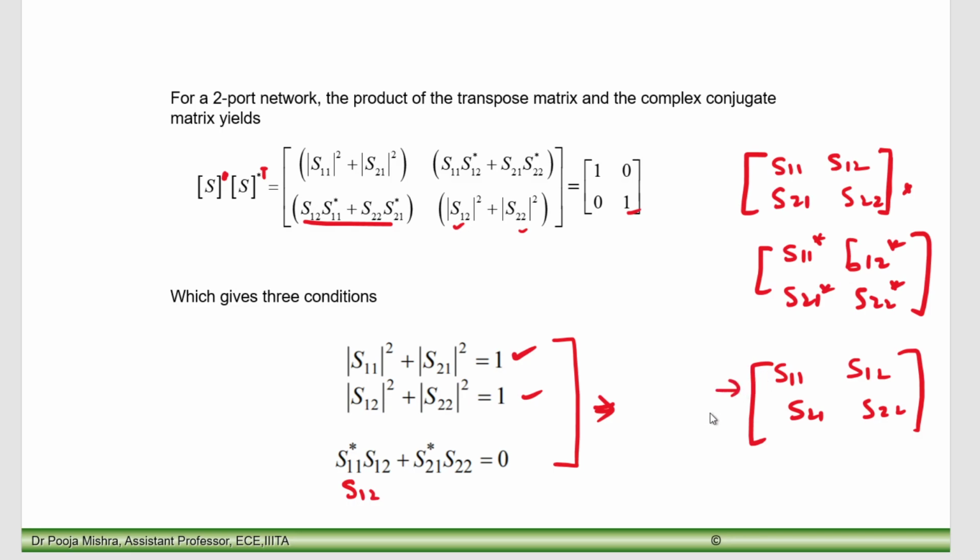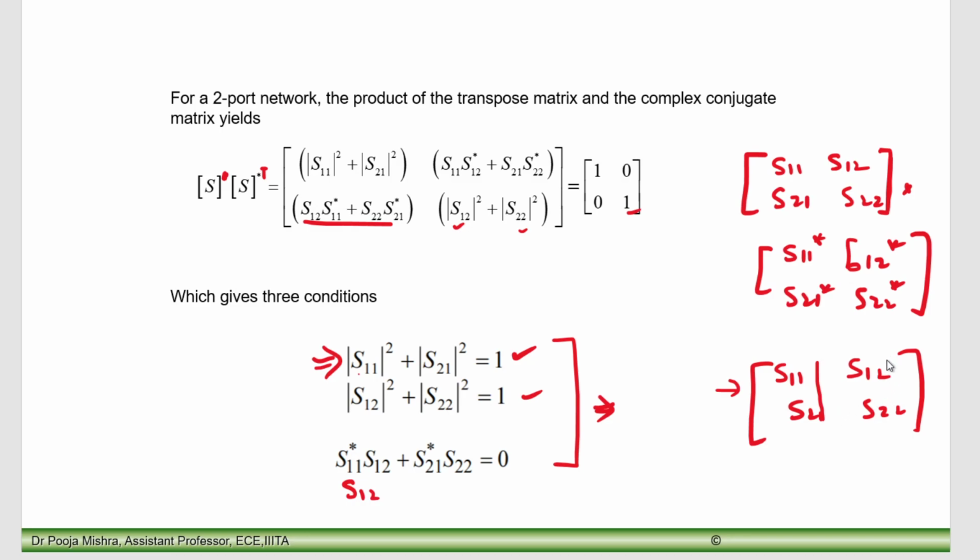This property says that the sum of products of elements of the scattering matrix in a row or column multiplied by their complex conjugate is equal to 1. S11 square is S11 into S11 conjugate. If you consider this particular column here, S11 into S11 conjugate plus S21 into S21 conjugate is equal to 1.